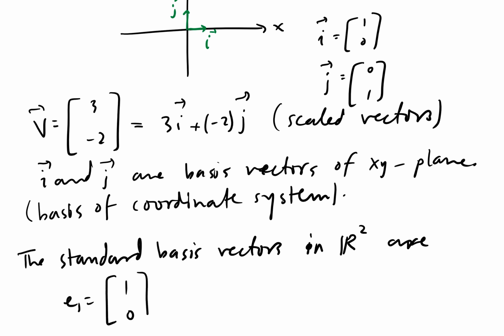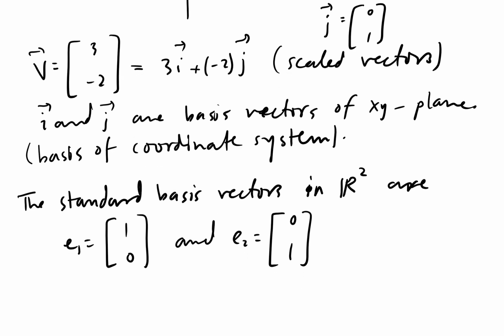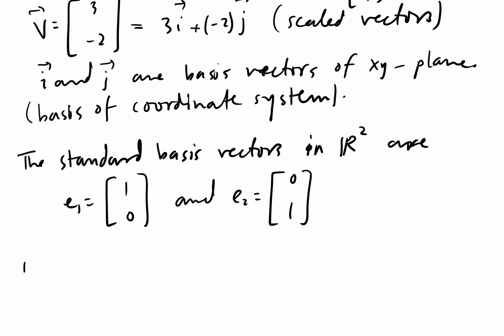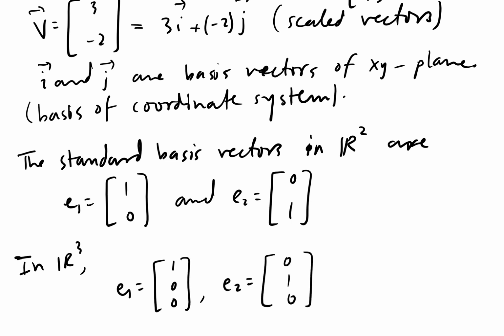Instead of i and j, we're going to call them e1 and e2, because you will see later we're going to have more than just i and j. Similarly, in R3, we call them e1 = (1, 0, 0), e2 = (0, 1, 0), and e3 = (0, 0, 1).